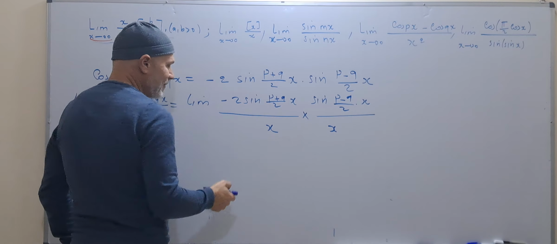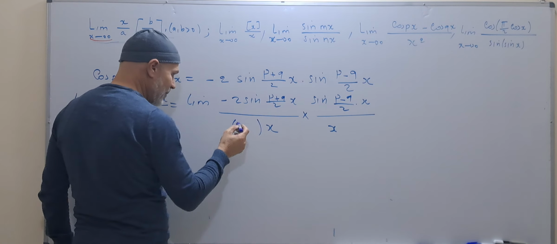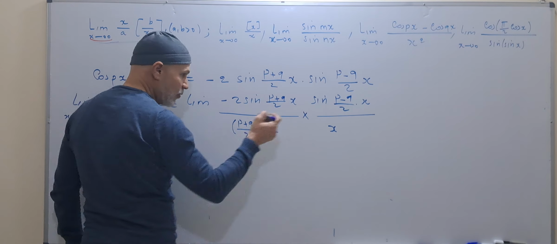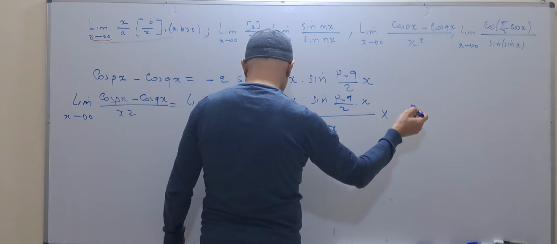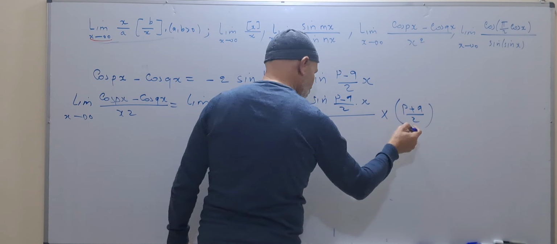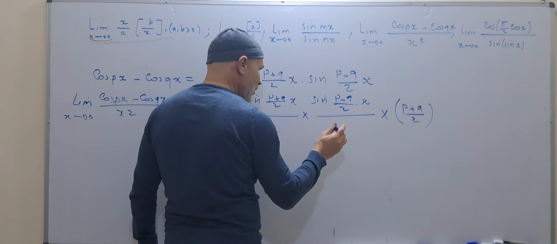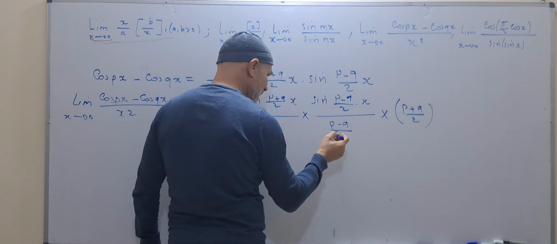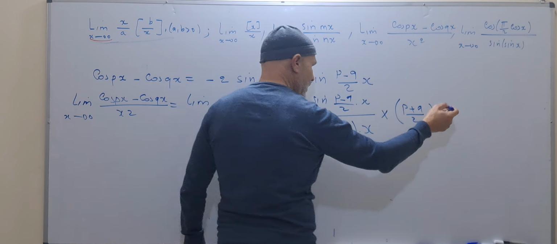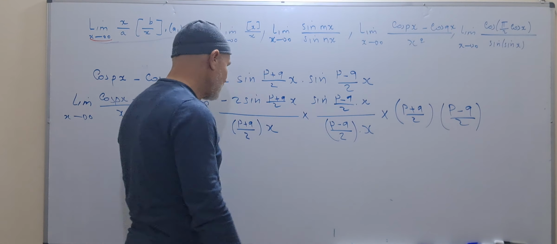We have the same limit. We multiply here by (p plus q) over 2, and we get here p plus q. We do the same for this one, which will be (p minus q) over 2 x, and here we have (p minus q) over 2.